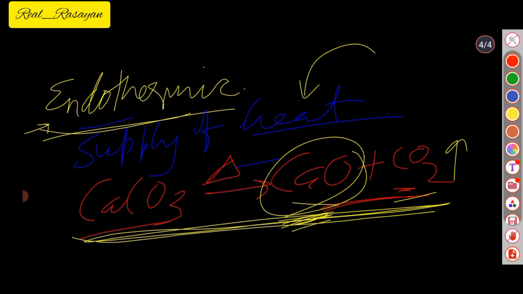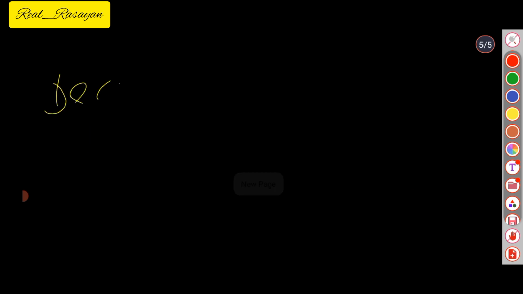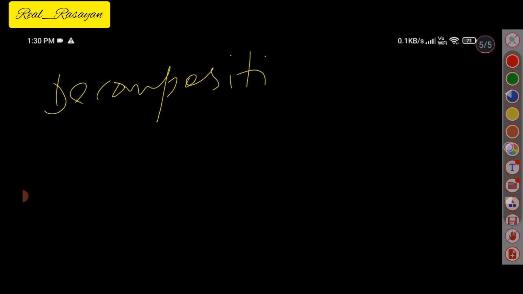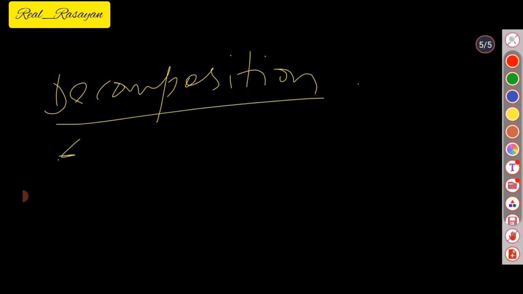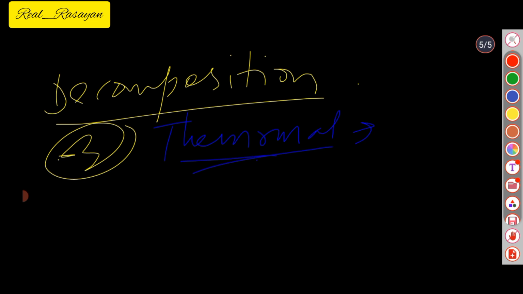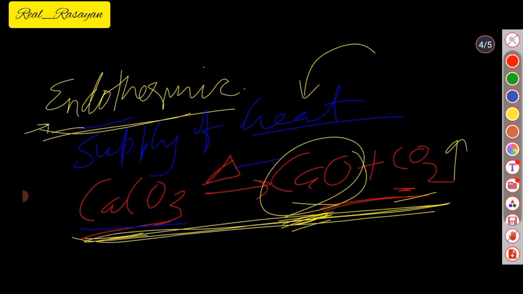One more point from this concept is endothermic is related to decomposition, and decomposition is further of 3 types. First one is the thermal decomposition, as we cited the example. This is the absorption of heat or the supply of heat. Heat is related to thermal.